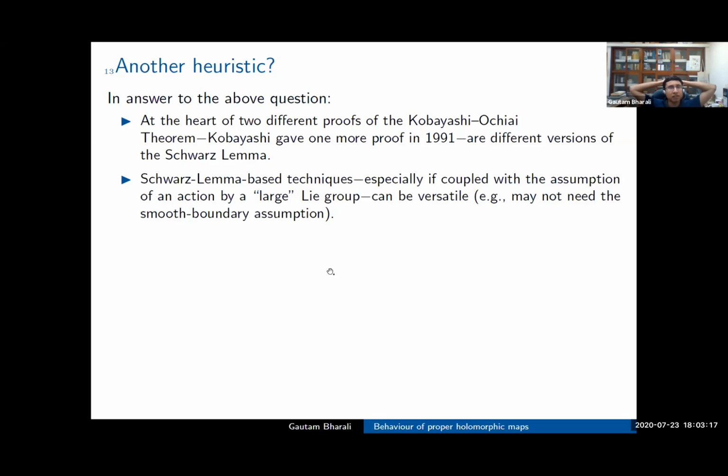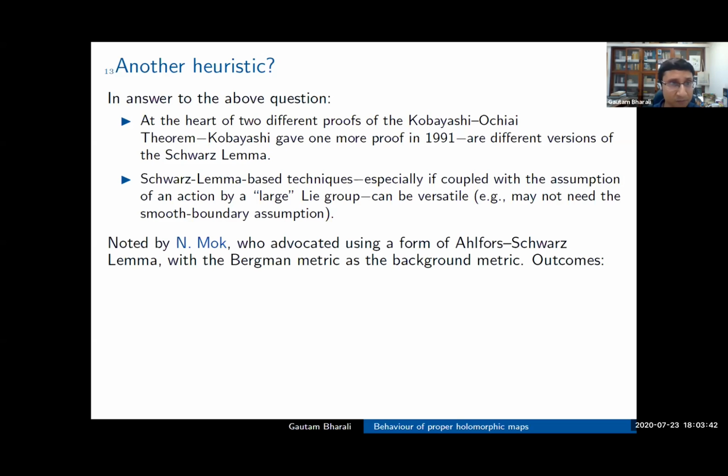It turns out that Schwarz lemma-based techniques, especially if you couple them with the action of a large Lie group, can be very, very versatile. To foreshadow what I want to spend the last 10 minutes of my talk on, I want to get rid of the smooth boundary assumption. I want to radically get rid of that assumption.